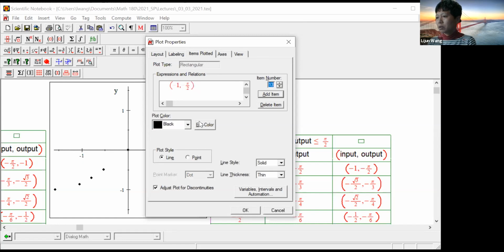I hope I didn't mess up. This is going to be a red dot. And this is going to be a red dot. And this is going to be a red dot.